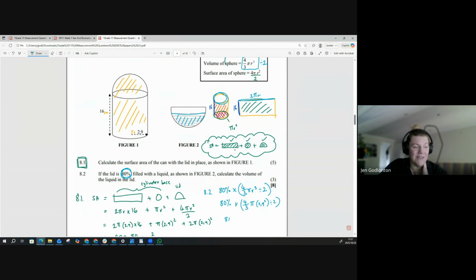I'm going to put all of that in my calculator and I get 51,0802. So I'm going to times that by 80%, and I'm going to get 40,86 centimeters cubed.